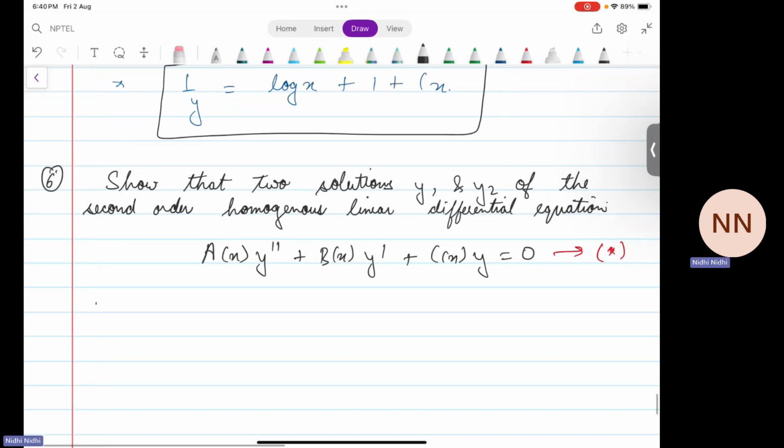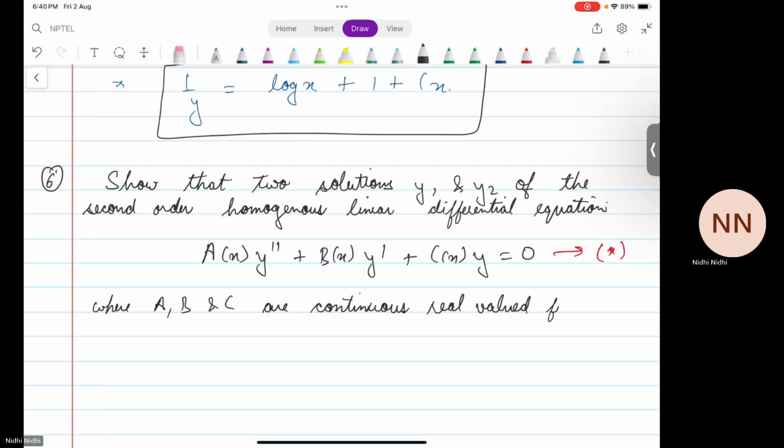where a, b and c are continuous real valued functions with a non-zero, clearly, because if a turns out to be 0 we would lead back to the first order differential equation.